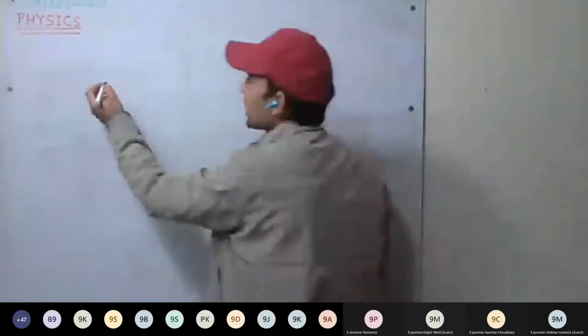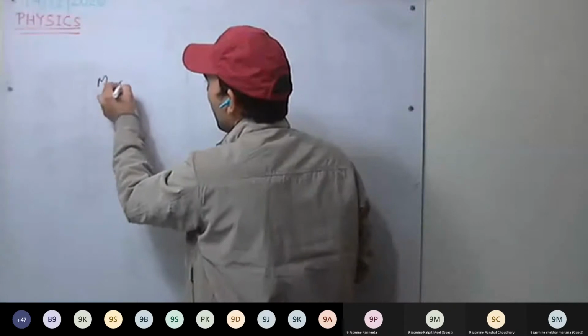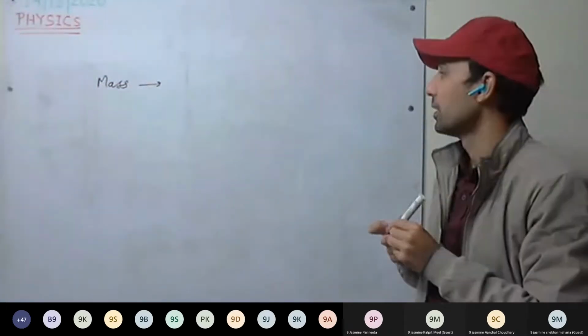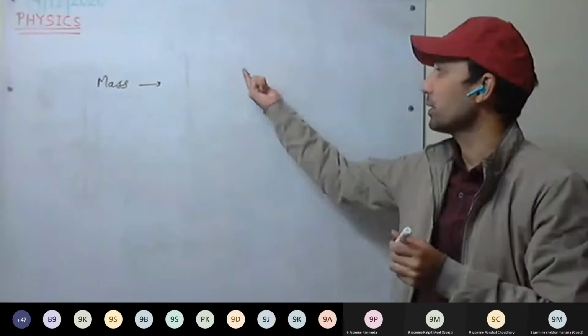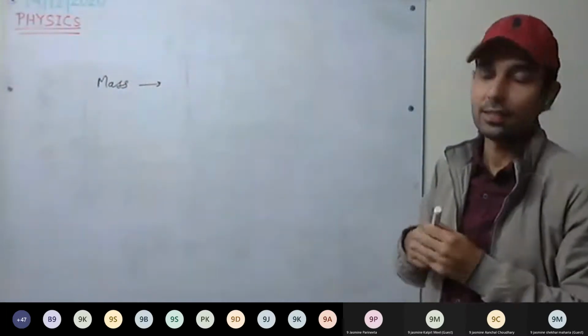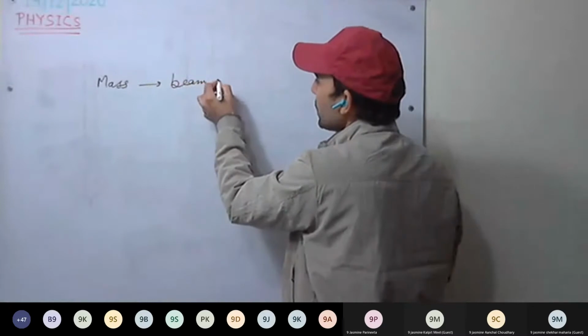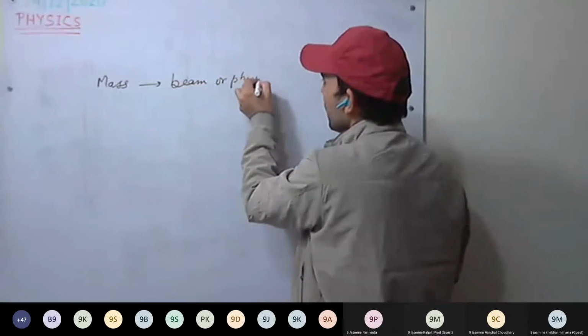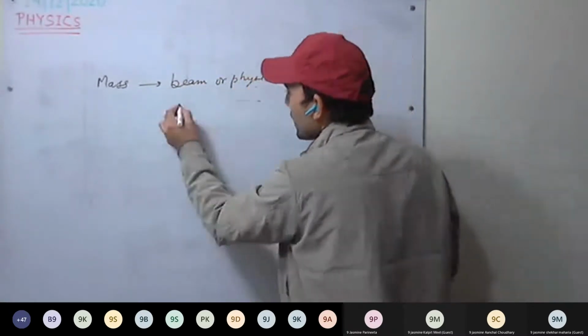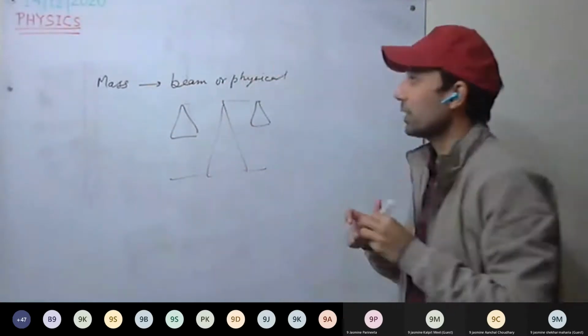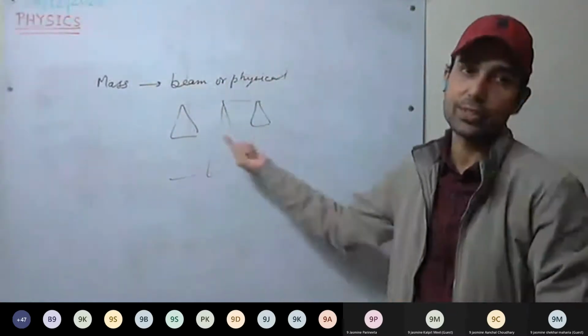And mass we measure using which balance? Spring balance or beam balance? Beam balance, sir. In the laboratory, we use the physical balance. So you have seen that. This is a beam balance or physical balance.